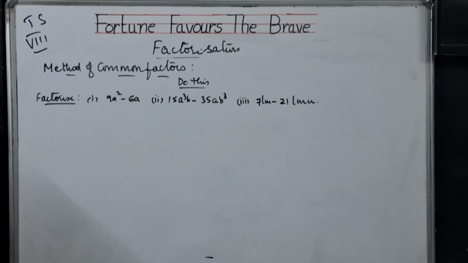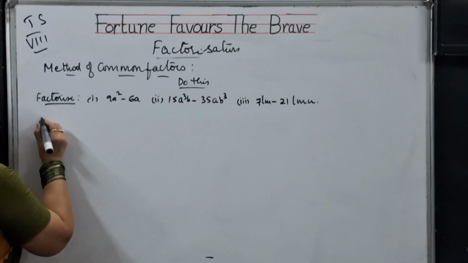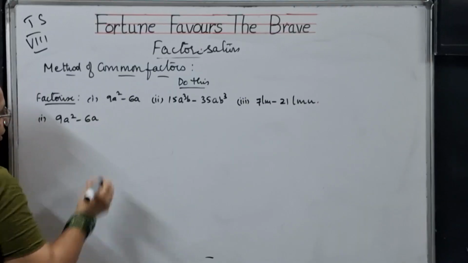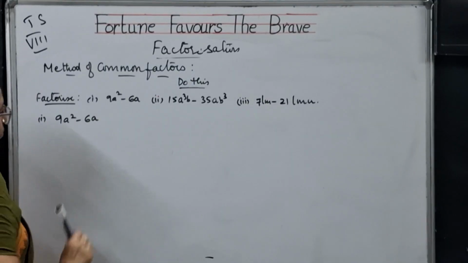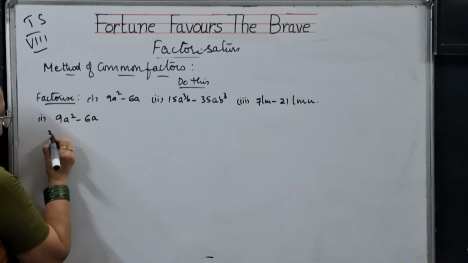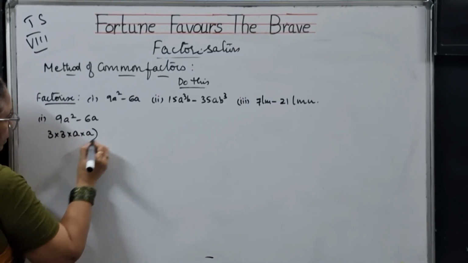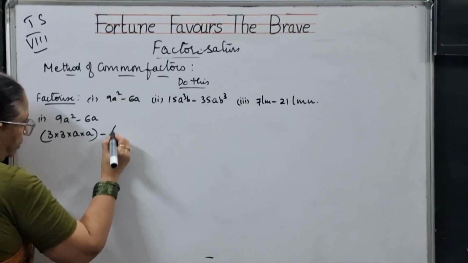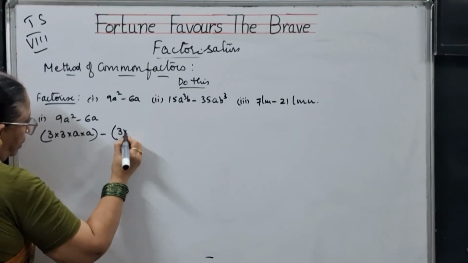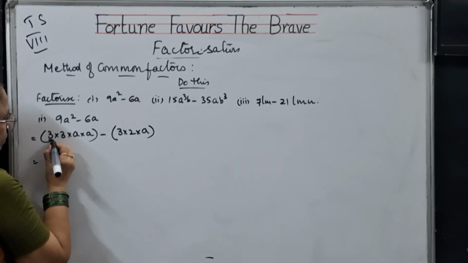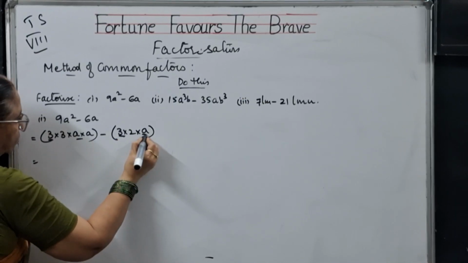Now do these sums, children. Factorize. First one, 9a square minus 6a. Earlier we have plus, now minus. 9a square can be written as 3 into 3 into a into a. This is the expansion. Minus 6 means 3 into 2 into a. So 3 is common, a is common.